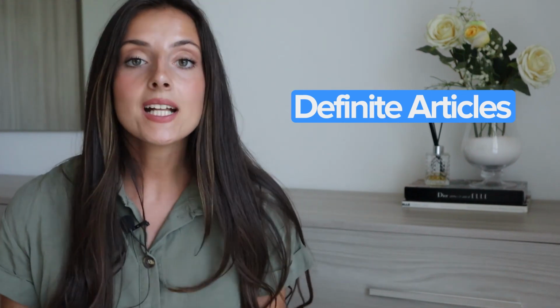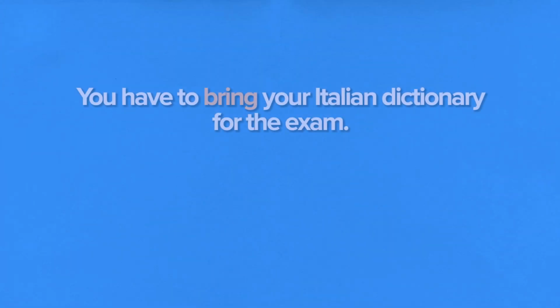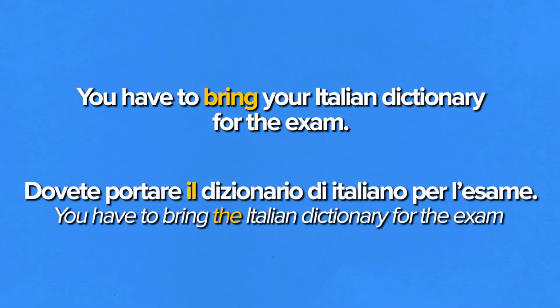For example, in English you would say, you have to bring your Italian dictionary for the exam. Well, in Italian you only need to say, dovete portare il dizionario di italiano per l'esame. You have to bring the Italian dictionary for the exam.